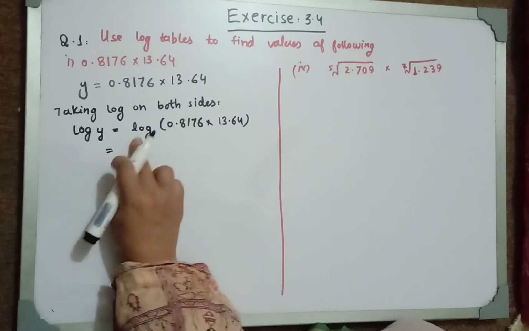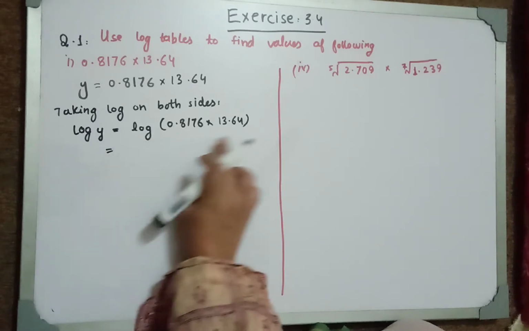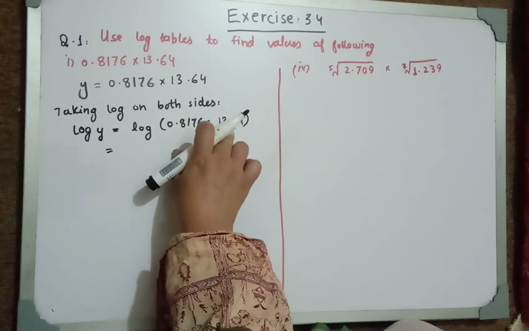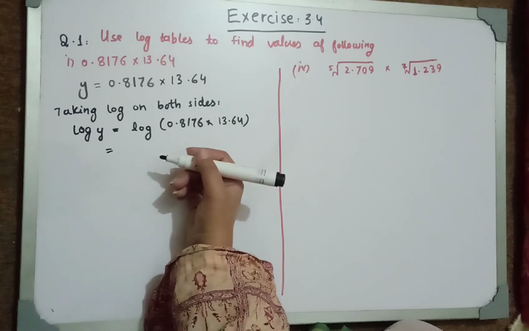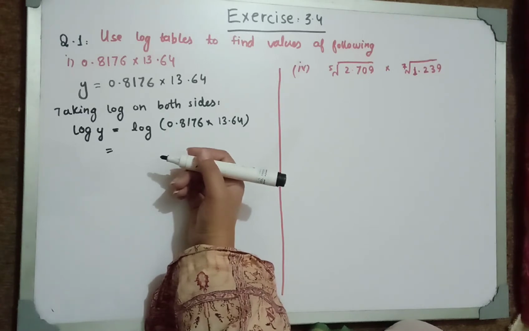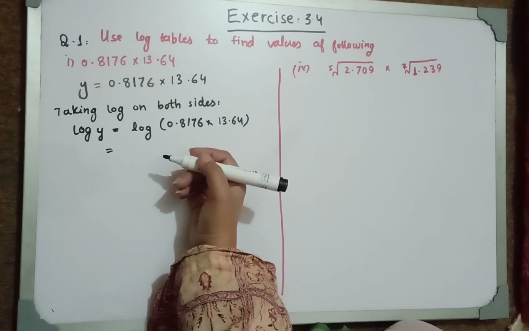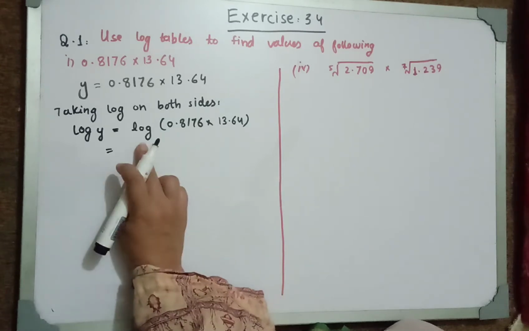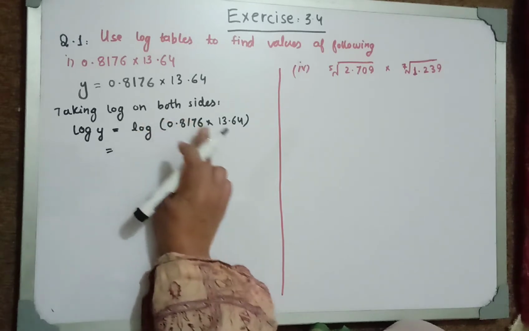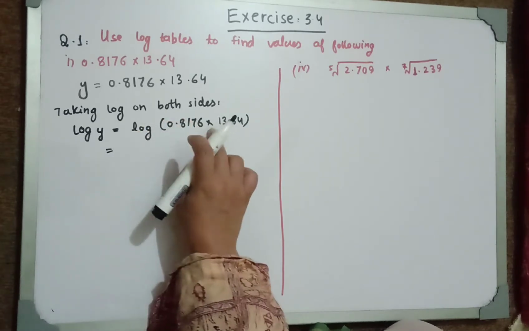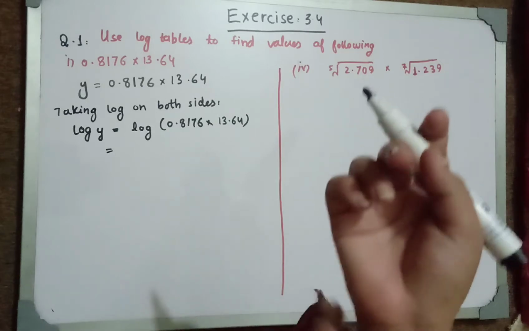Now we are going to apply this log to all the numbers we have on this side. And I hope you remember the rules of logarithm, and if you don't remember, just watch that video one more time, in your previous lectures about the laws of logarithm. In those laws, you have one law that when we apply log to a multiplication, the multiplication sign changes to addition.